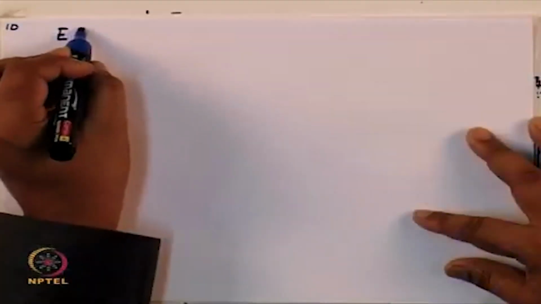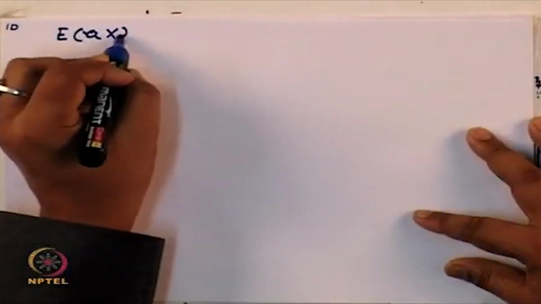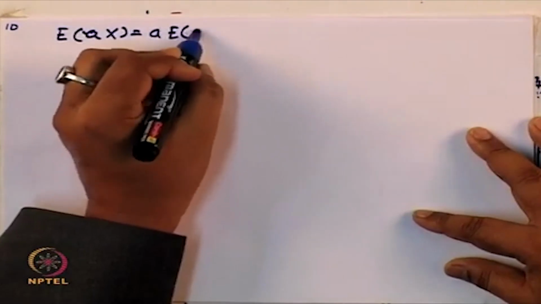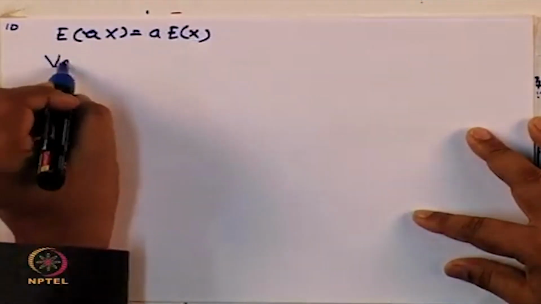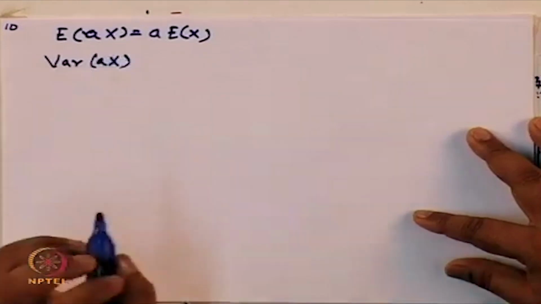So, we have the following simplifications, right. E of A x is equal to A E of x. Okay. What about variance of A x?